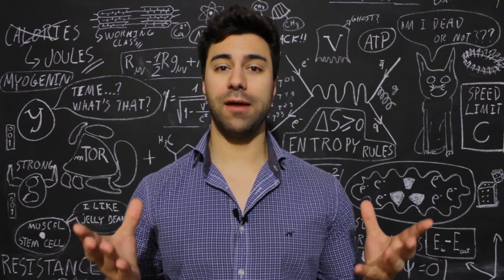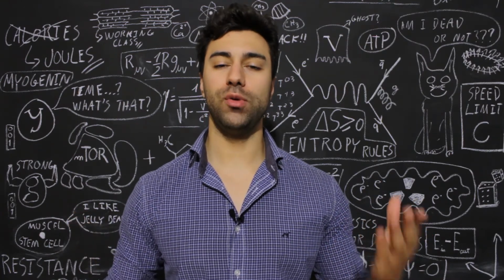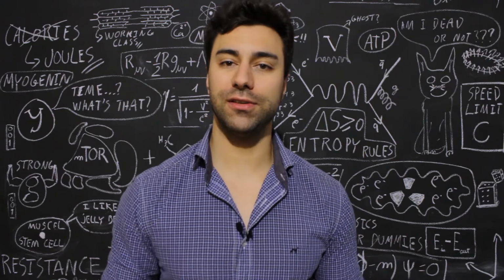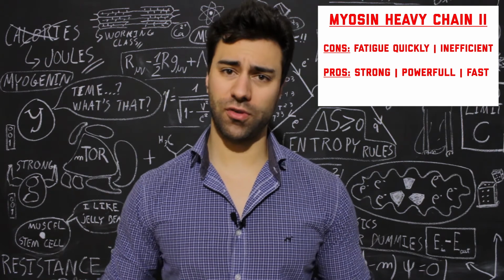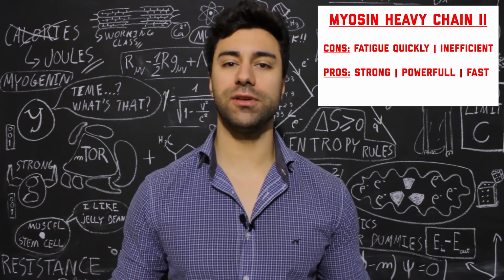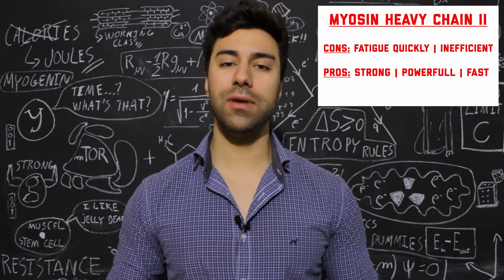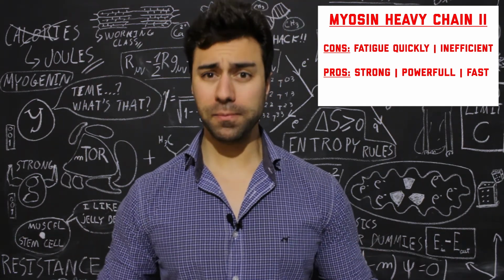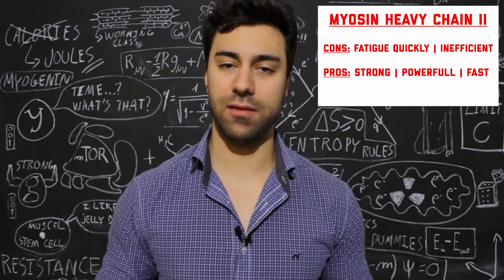As for the type 2 muscle fibers, the fast phenotypes, the type 2A and the type 2X's, they are fast, very fast, super strong, a lot more powerful than the type 1 muscle fibers, but on the other hand they are very fatigable and a lot less efficient than the type 1 muscle fibers.